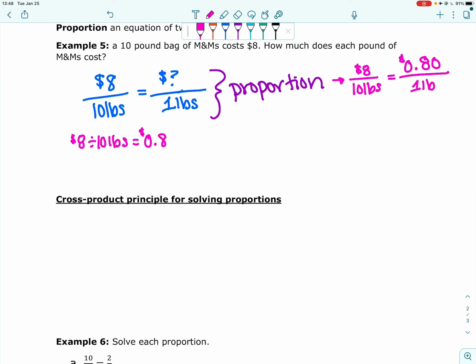Another way that I could have solved this is using what's called the cross product principle for solving proportions. This says if I have A over B equal to C over D, I can cross multiply: A times D equals B times C. One of A, B, C, D will be unknown to me, but then I can solve for the missing value.